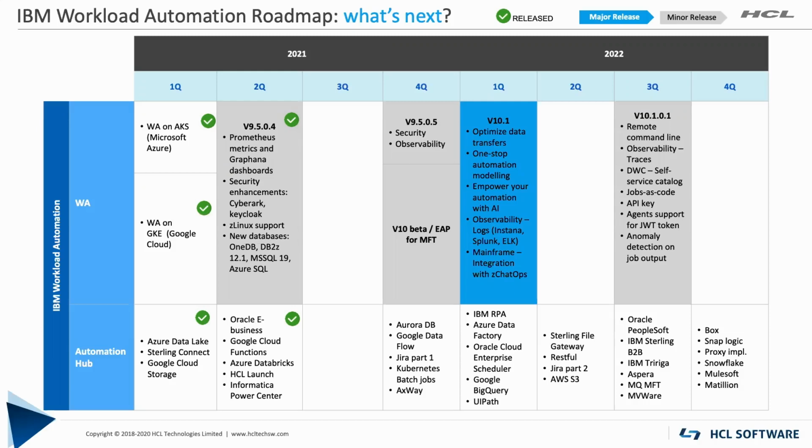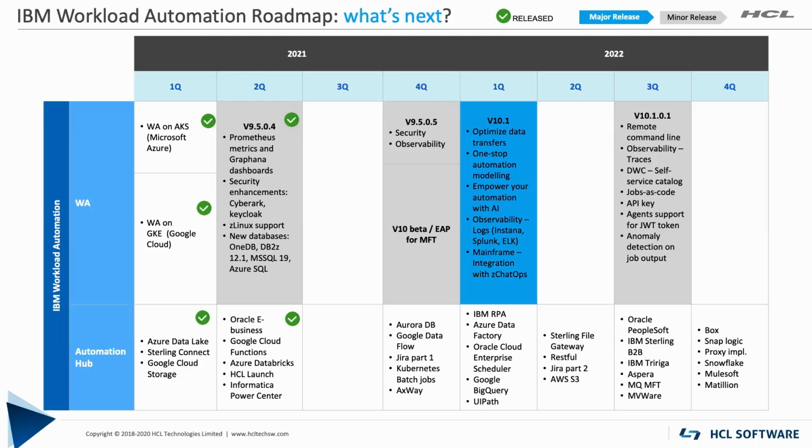Then we envision for 2022 another delivery in the third quarter. It will be a fix pack for distributed and a small program enhancement, which means through PTF for the Z part. So it will be, of course, based on version 10, and we are considering a number of new features for this fix pack.